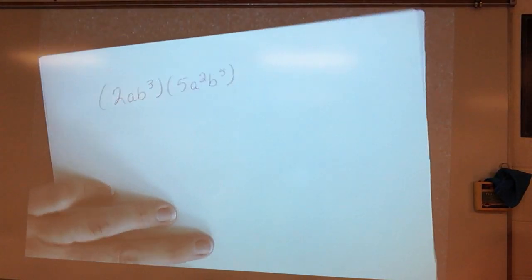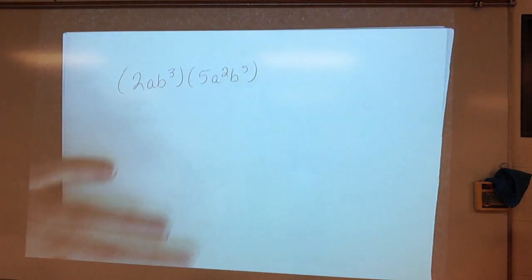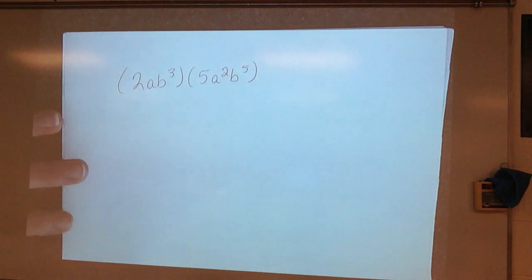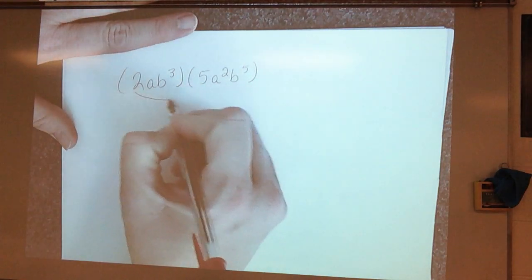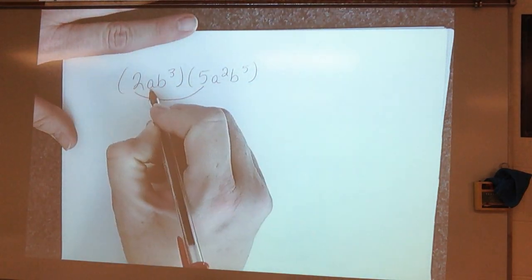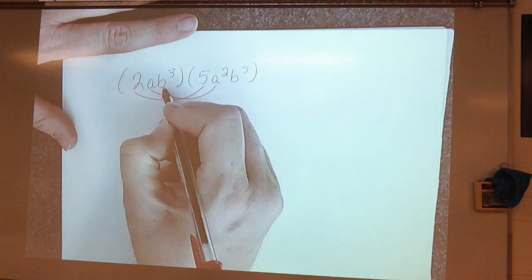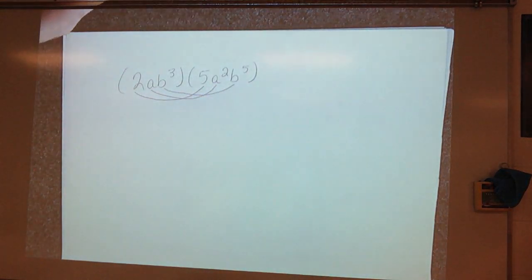Now, the one thing you want to make sure you remember is you've got to look at things that have like bases. So let's look at this. The 2 and the 5 are alike. Then I have A's. Then I have B's.